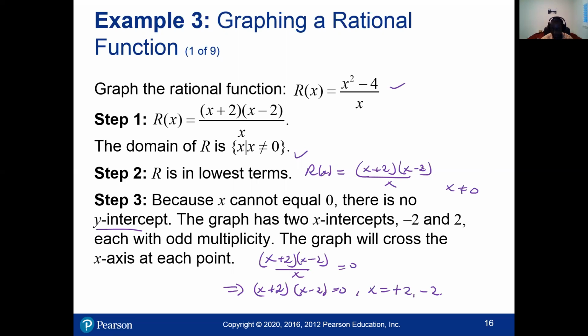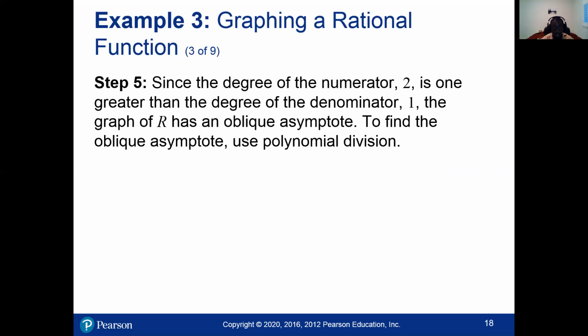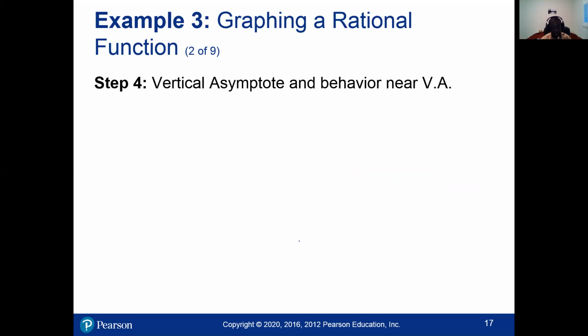Okay? All right. Now let's go to step 4, the vertical asymptote for this function. What's the vertical asymptote? For r of x, which is x plus 2 times x minus 2 divided by x, the vertical asymptote is the line x equal to 0.